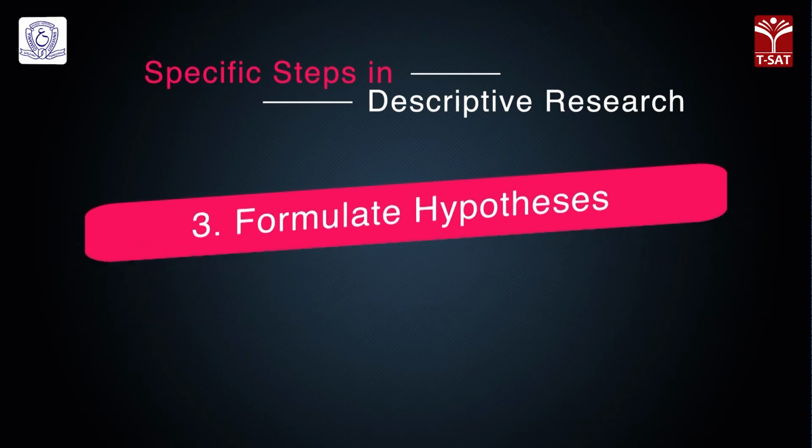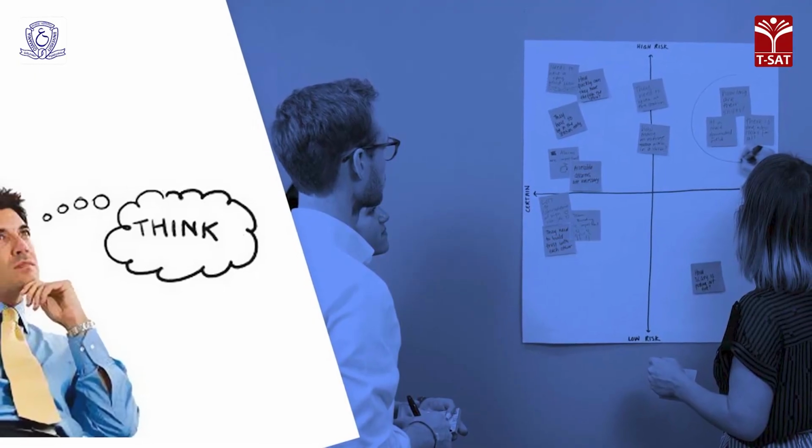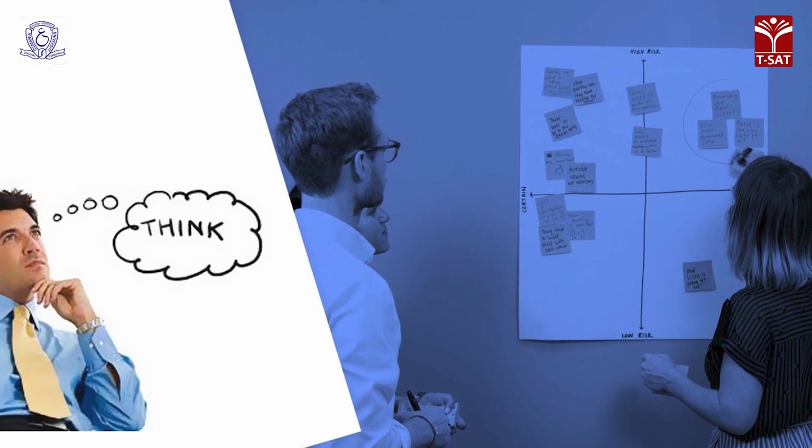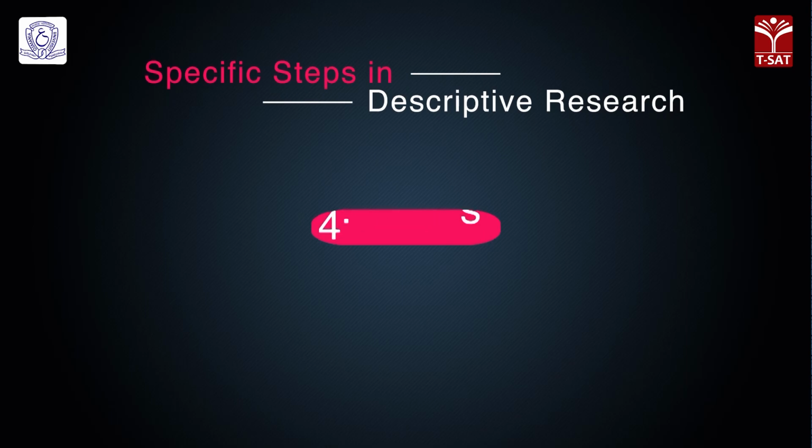Next major step is formulating a hypothesis. Please remember, a research hypothesis facilitates conducting research by testing the hypothesis, but need not be a necessary component of all research problems. Formulation of hypothesis must be based on scientific assumption based on valid data and information.